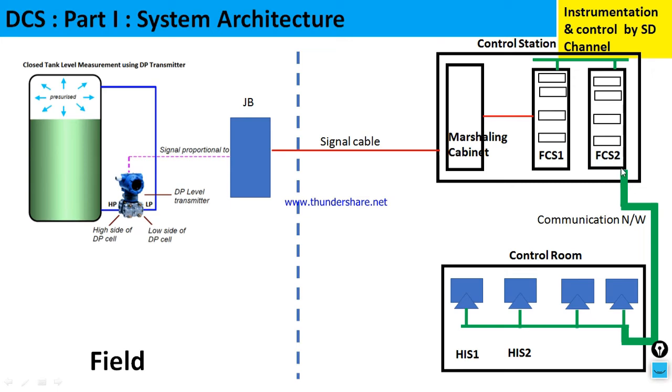Then the FCS is connected to the HIS by an Ethernet system maybe, or VNet IP. So this way the whole loop can be connected from the field to DCS. This is the analog input coming from the transmitter. This way the analog output can be connected to a control valve also. So this is the system architecture, how it looks in the field.